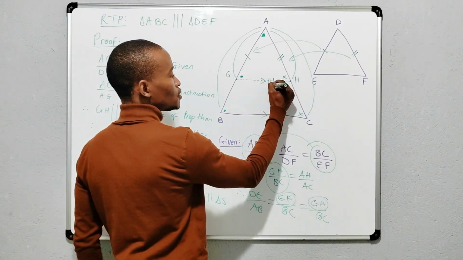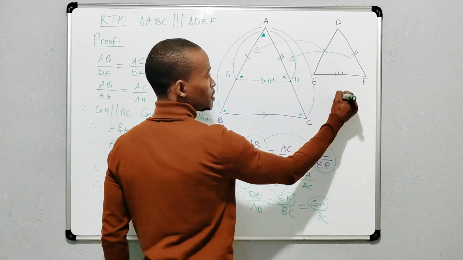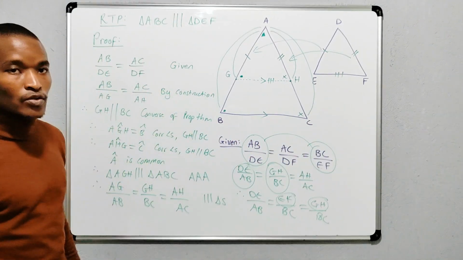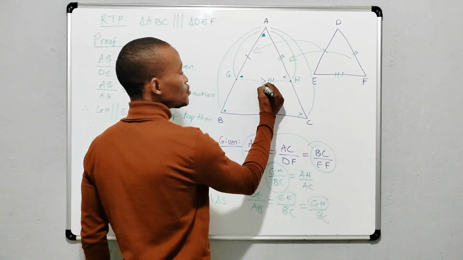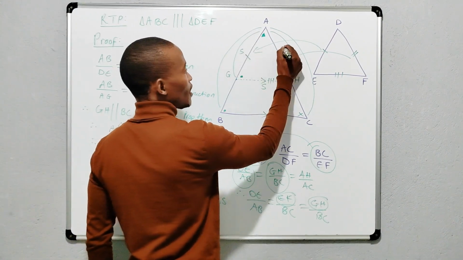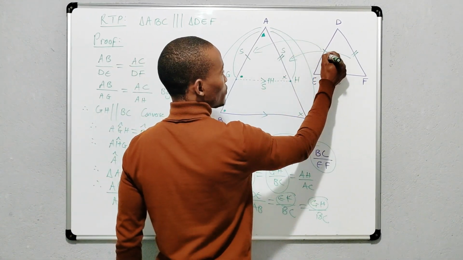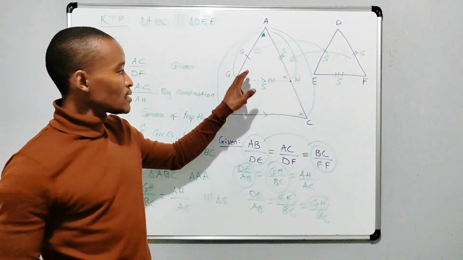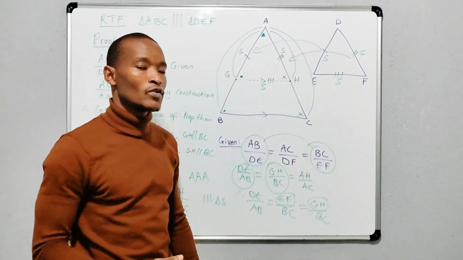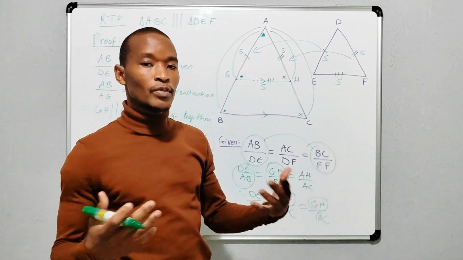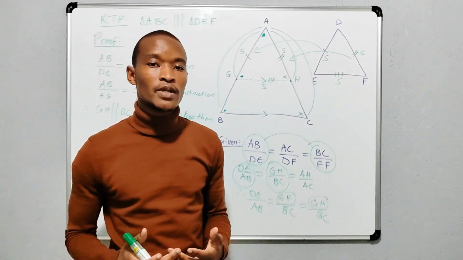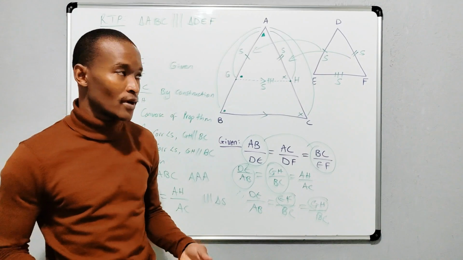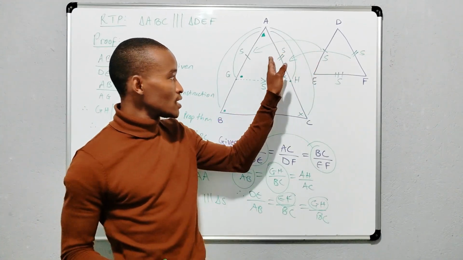So 1, 2, 3, 1, 2, 3. So it means these two triangles are what now? Congruent by a side condition of congruency. And in simple terms, congruency means equality. They are the same, right? These two triangles are the same triangle.